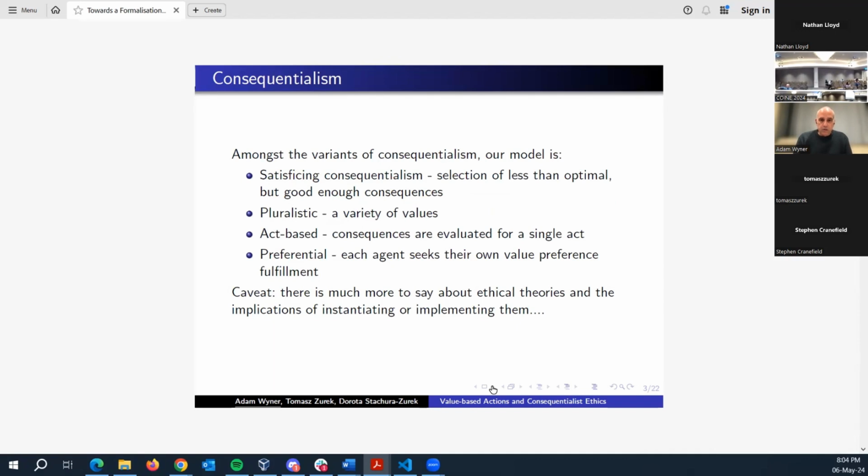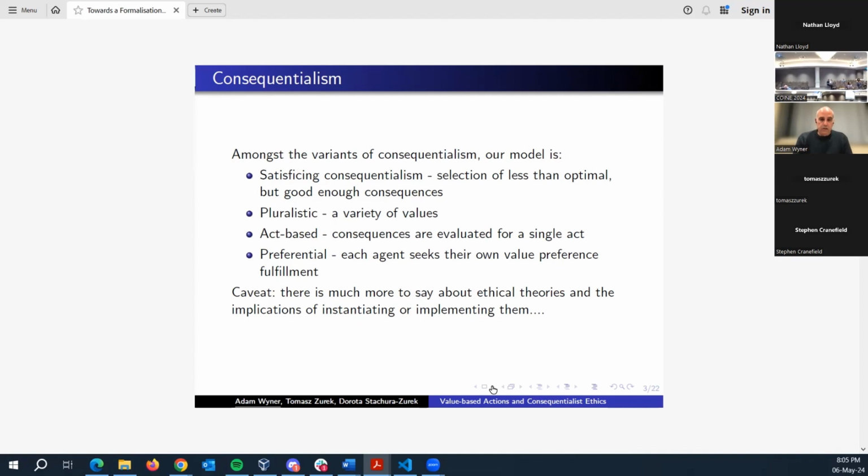Amongst the variants of consequentialism, our model is called satisficing consequentialism, meaning that the values that are selected may be less than optimal, but they're good enough consequences for the particular purpose at hand or with respect to a particular agent. So it's whether or not the consequences that follow are satisfactory enough for the agent.